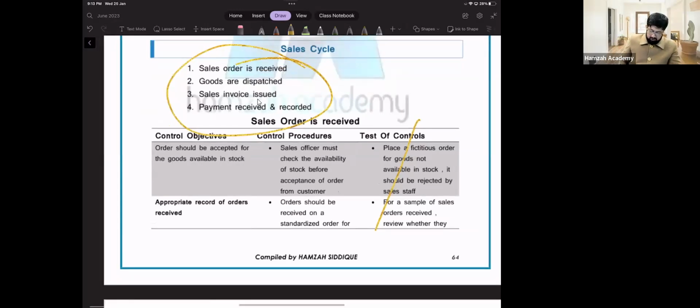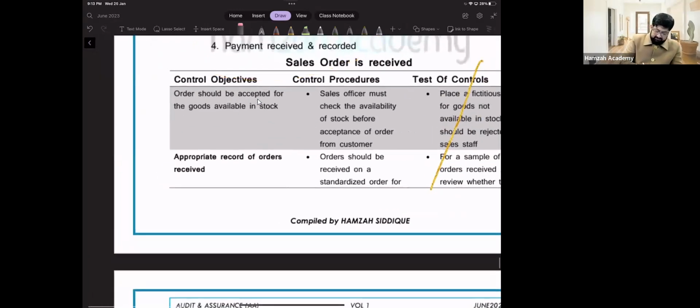First of all, control objectives as the sale order is received.